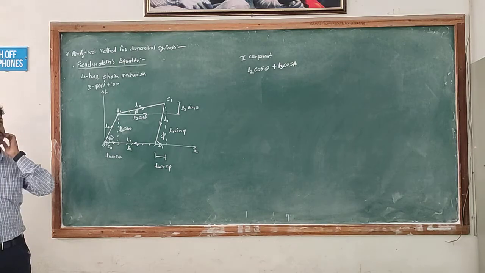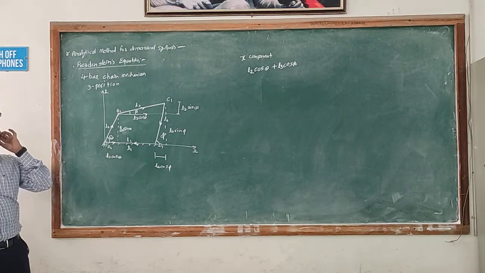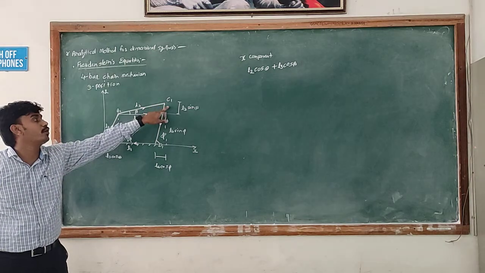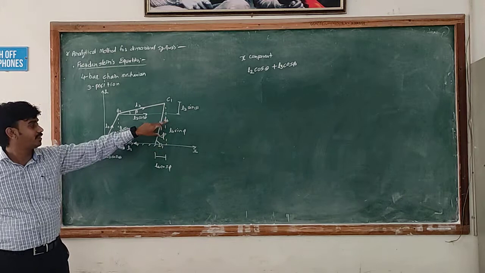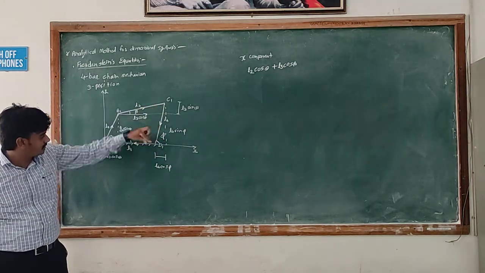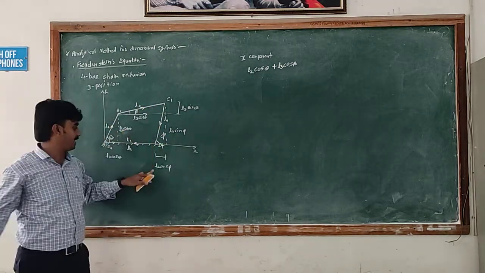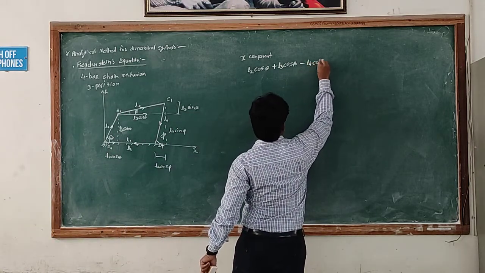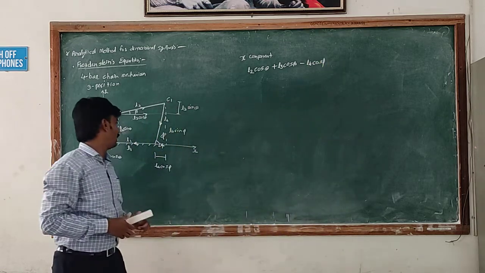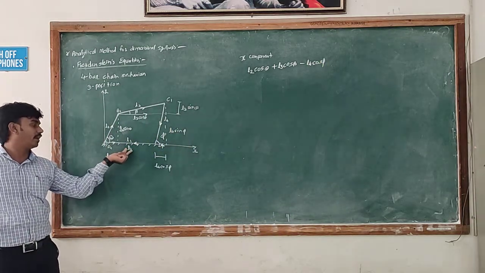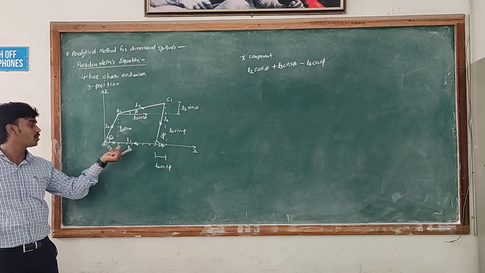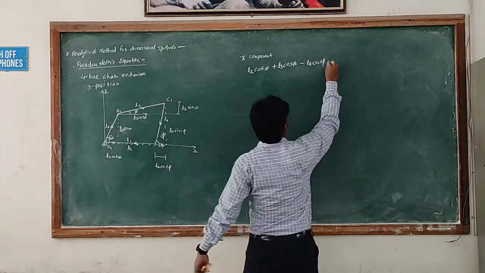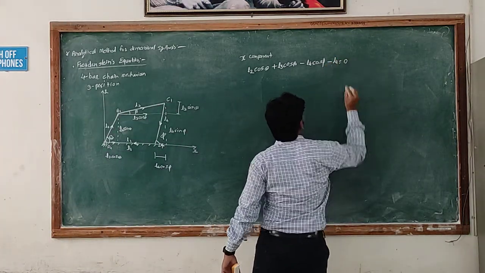If we take the x component of L4, its direction is in this way, so L4 is negative, that is minus L4 into cos of phi. L1 is also along the x direction, in this direction, so we take it as minus L1, and the sum is equal to 0.